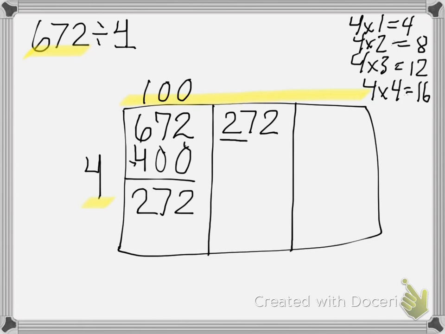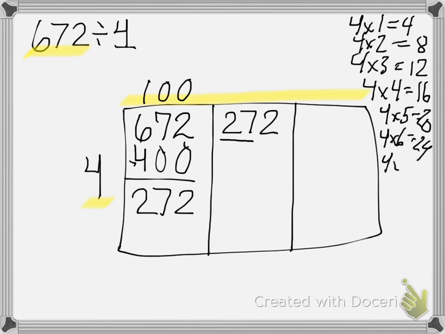Remember, I'm looking to get close to 27 tens. So 4 times 5 is 20, and 4 times 6 is 24. I'm getting close.